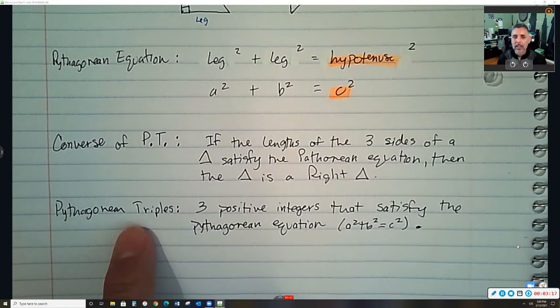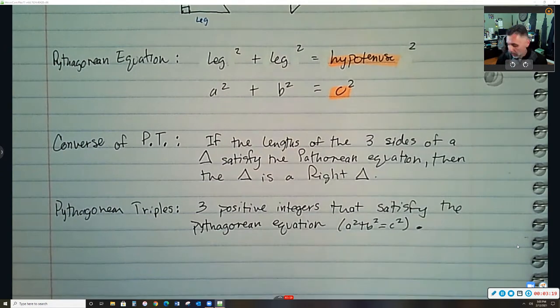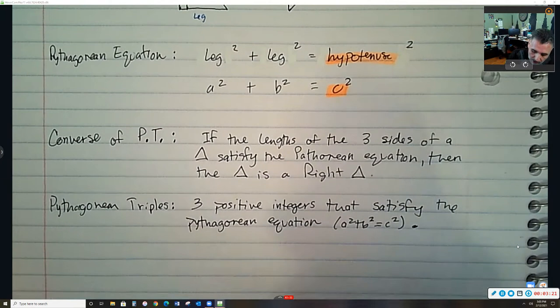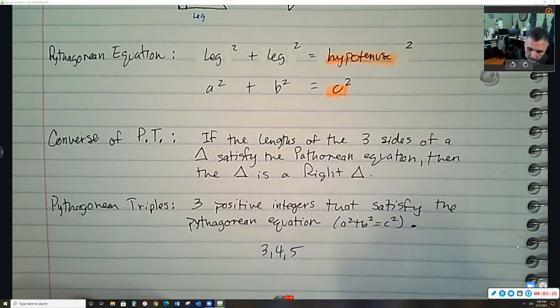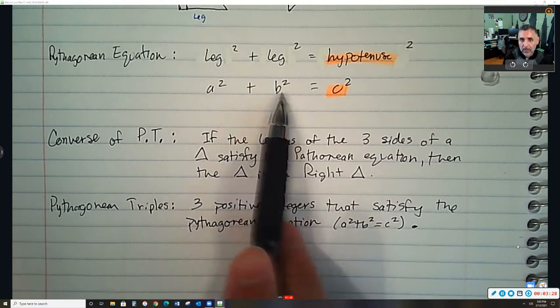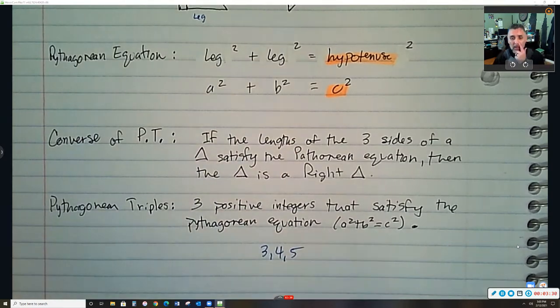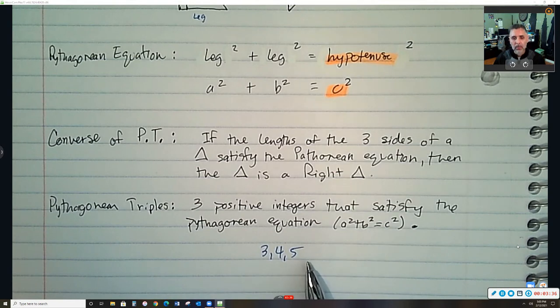They're called Pythagorean triples. One famous triple that you should know is 3, 4, 5. If I let this equal 3, 4, and 5, it'll be equal. This is a famous Pythagorean triple that everybody should really have memorized.